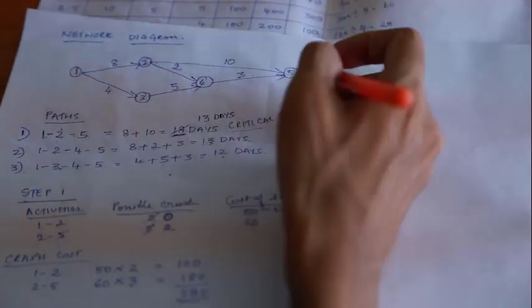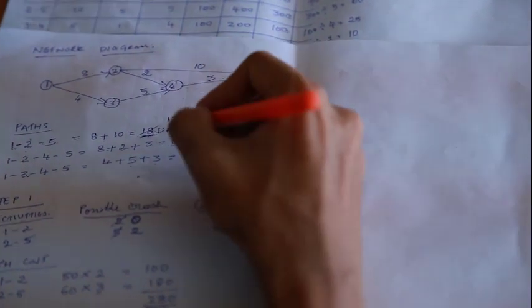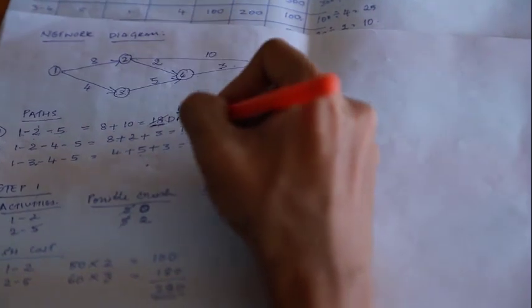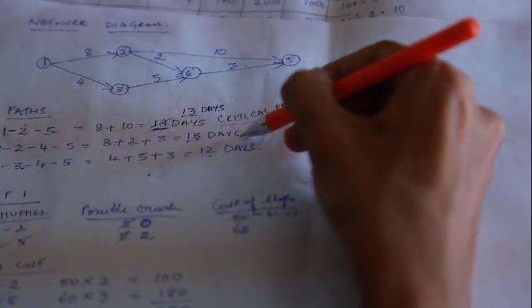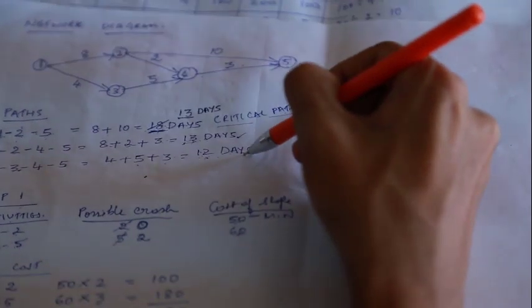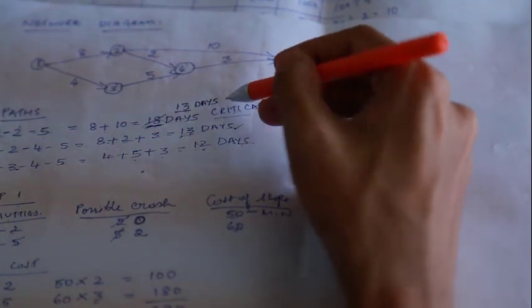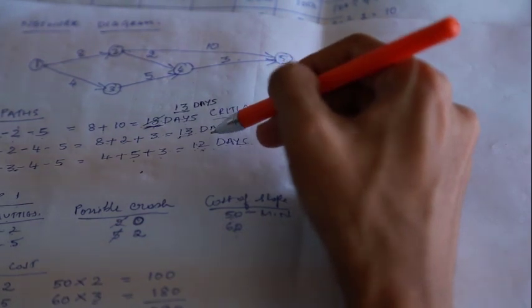Now, for the next step, we have 2 critical paths, because the first path has a maximum number of days, 13, and the second path also has 13 days, and the next maximum is 12 days. We have to identify the critical path, which is the path with the maximum number of days.